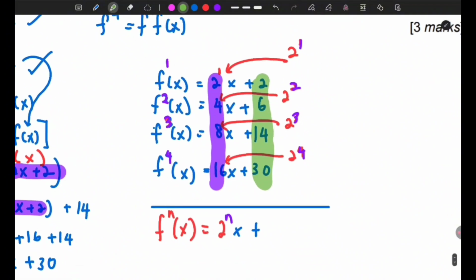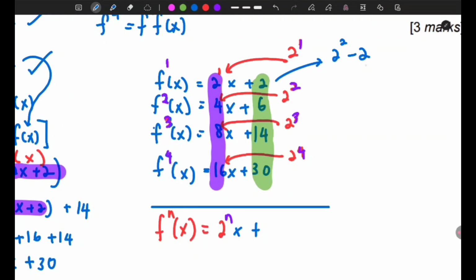2, how can you get the 2? 2 to the power of 1 can also be 2 to the power of 2 minus 2, which is 4 minus 2.